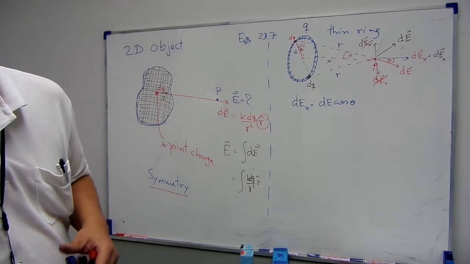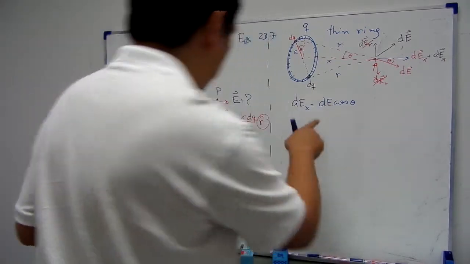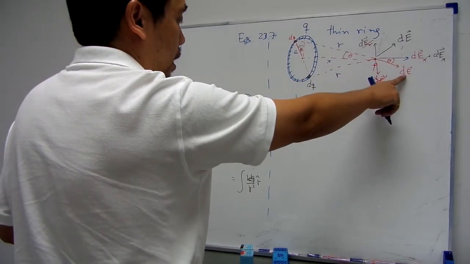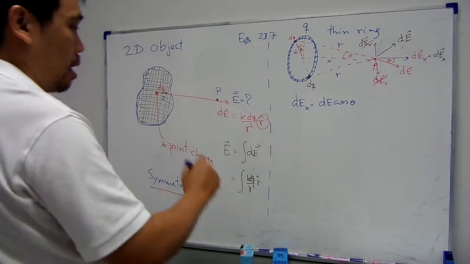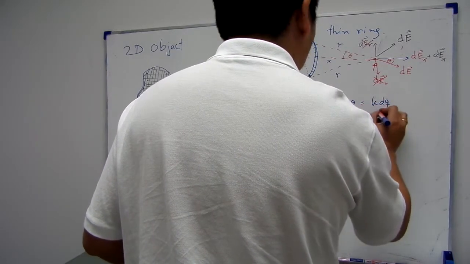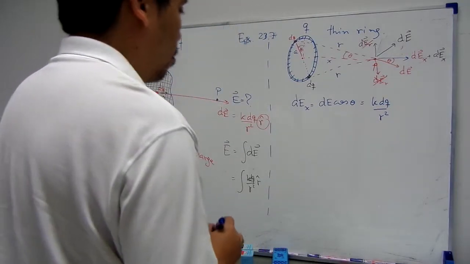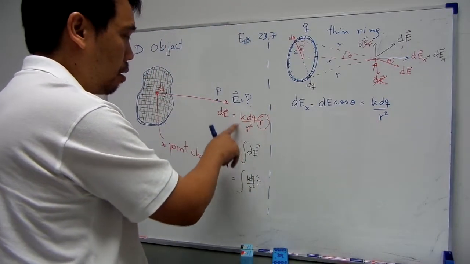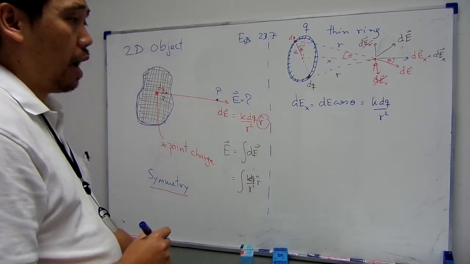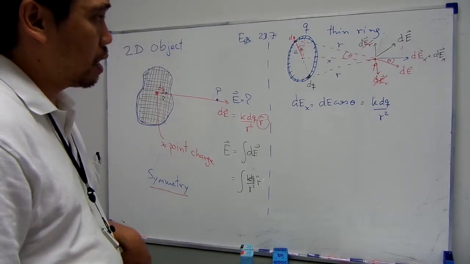Now dE is the magnitude of this vector dE, so it's equal to k dq over r squared. We use only the magnitude here, so we don't need the unit vector r here. And cos theta. What is the cos theta?